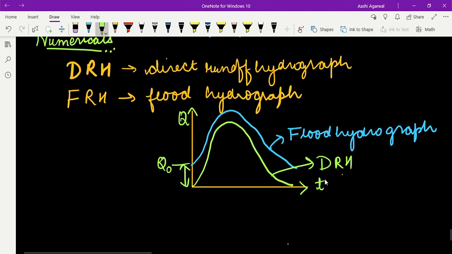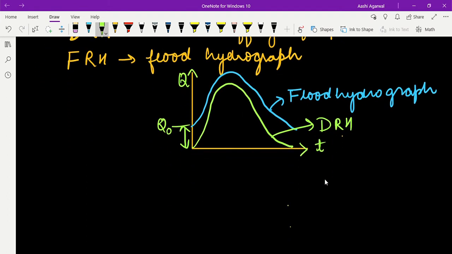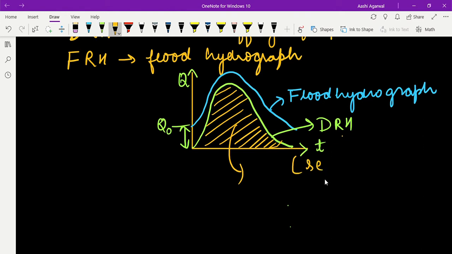Now one more very important thing that we should know before we begin the problems: the area under the hydrograph also gives you information. What is the quantity that this area is representing? Suppose this is time in seconds and this is discharge in meter cubed per second. The area units will come to meter cubed, and meter cubed is a unit of volume. So the area under a hydrograph gives you the volume of runoff.